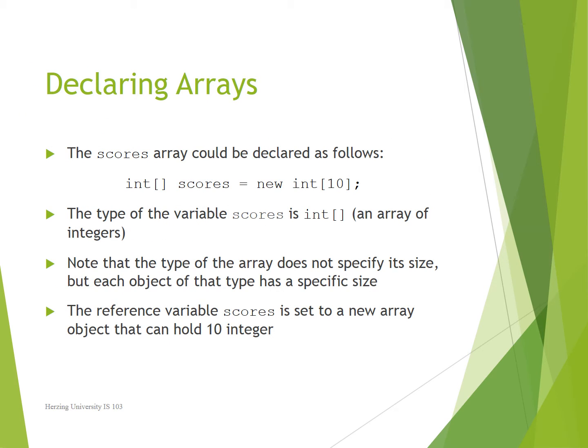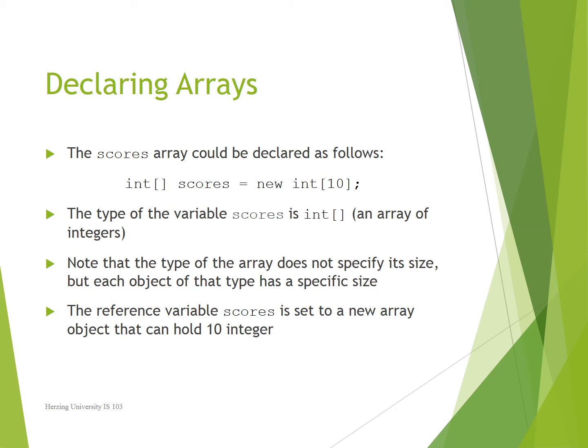Declaring arrays. The scores array could be declared as follows: int[] scores = new int[10]. The type of the variable scores is int[], or an array of integers.